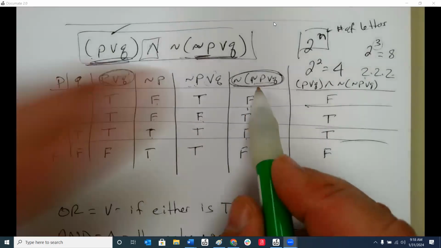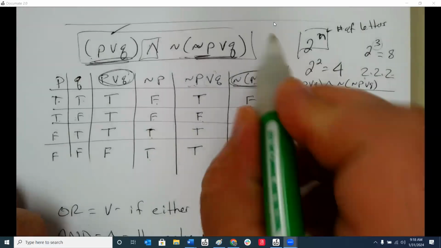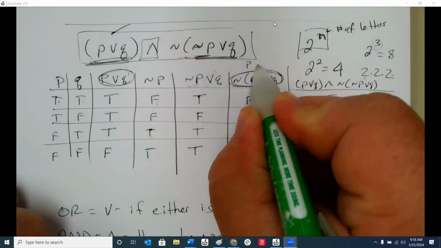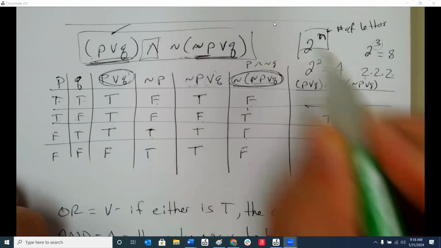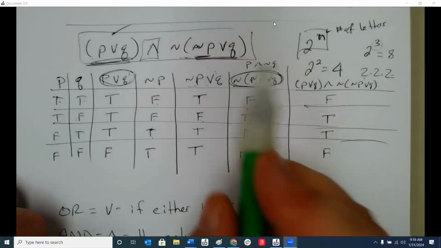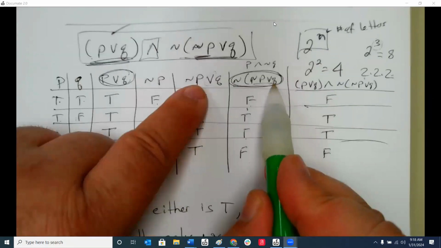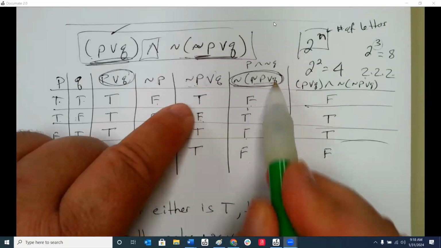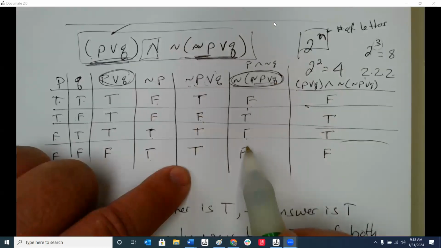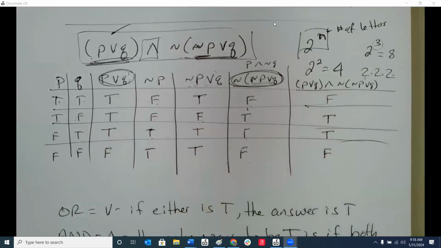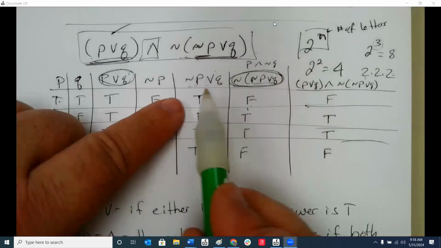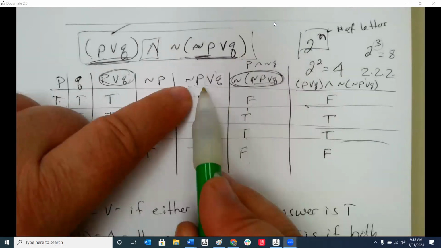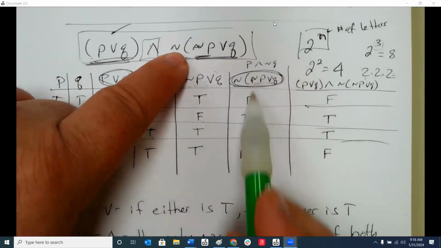Well, if we would have done that, then we would have gotten P and not Q, if we distributed. But we just did this one. We had the inside built. All we have to do there is just negate it. That saves us a little bit of time. We could distribute it and we get the same answer, but since we built the inside first, then we just negate it.